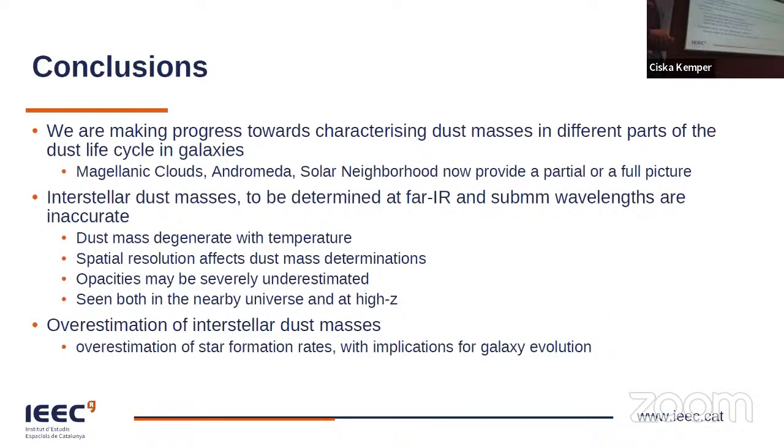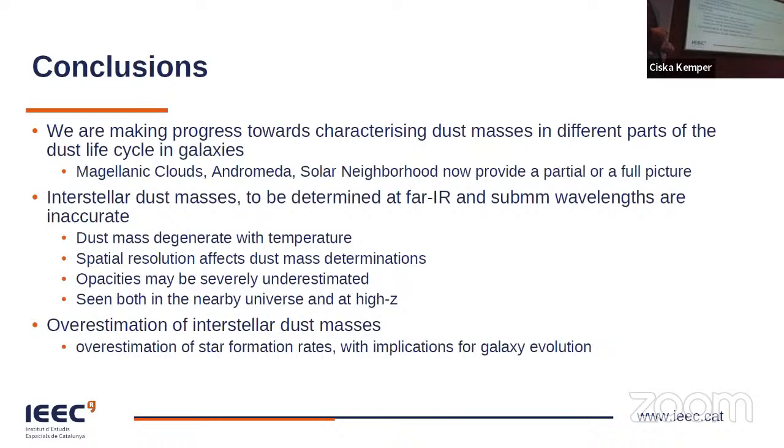So to wrap up, we are making progress towards characterizing dust masses in different parts of the dust life cycle in galaxies. We're looking at the Magellanic Clouds, Andromeda, solar neighborhoods. They all provide at least a partial picture, or in case of the LMC, a pretty complete picture. However, we think that the interstellar dust masses, both in the nearby universe and in the distant universe, that are determined at far infrared submillimeter wavelengths are inaccurate.